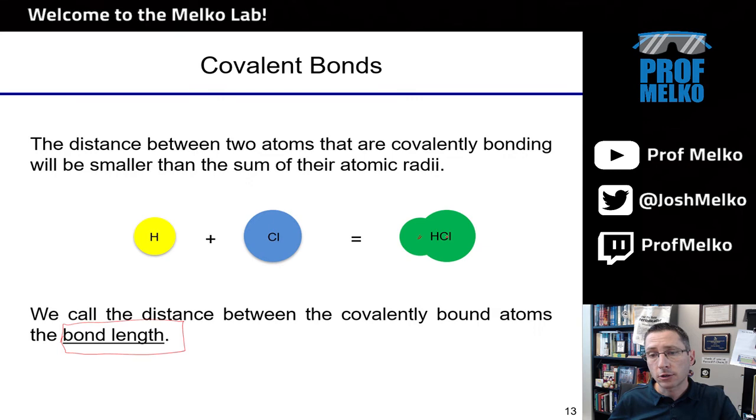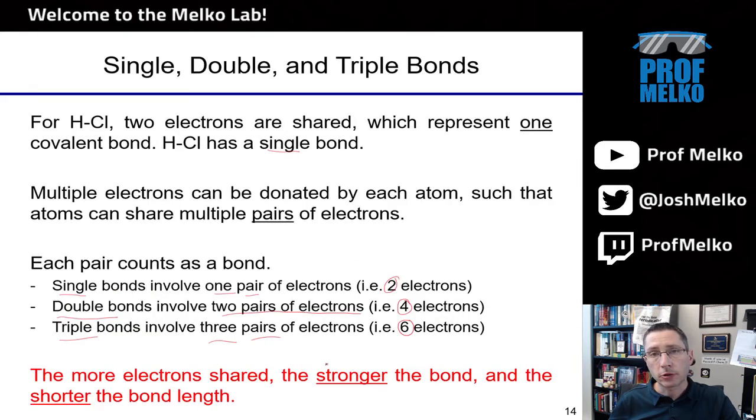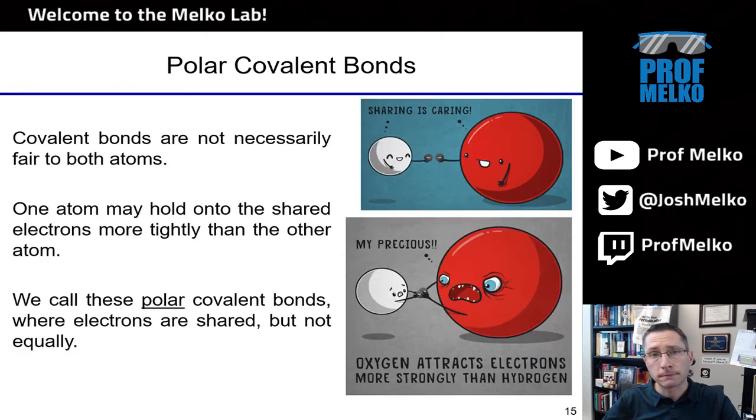So here's a single bond. If this was a double bond, these two would morph into each other even more, right? And this bond length would get shorter and shorter, okay? So that's what's happening here. The stronger the bond, the more shared electrons, the shorter that bond becomes.